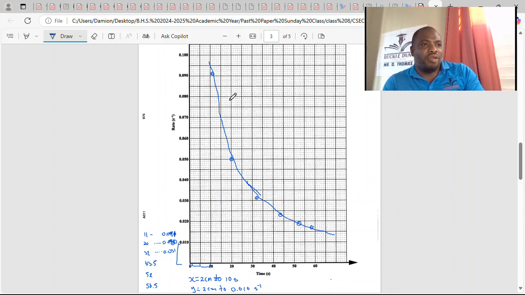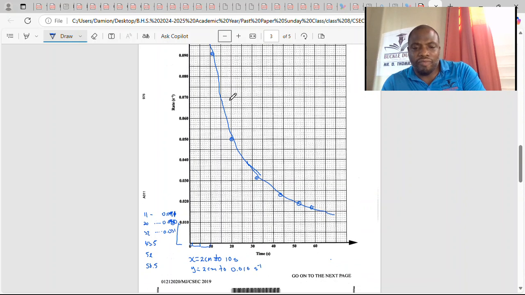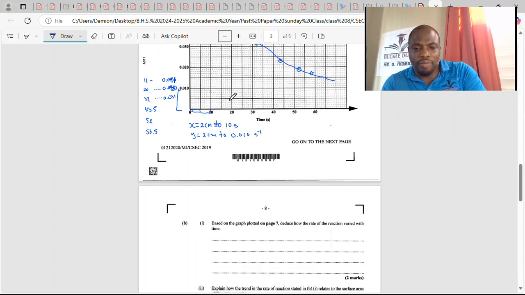So as the surface area becomes smaller, the rate of reaction will decrease. So we got that from the experiment.